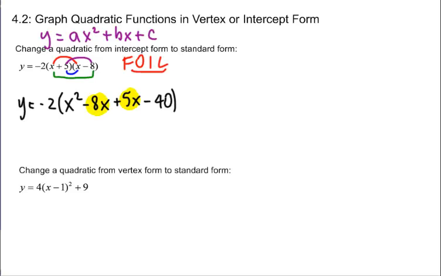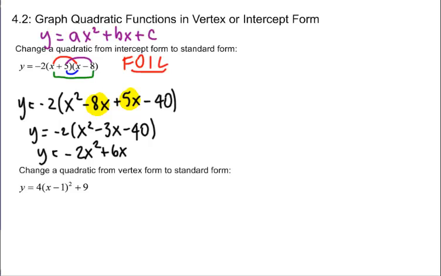So our next step would be to combine those terms together so that we have y equals -2 times (x squared minus 3x minus 40). Remember, -8 plus 5 will be -3. And then distribute your -2. You've done this before. You've seen it before. You're going to do it a lot here in the next few days. So get comfortable multiplying these guys out.